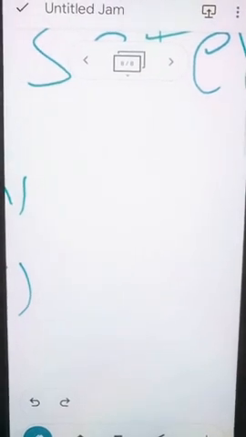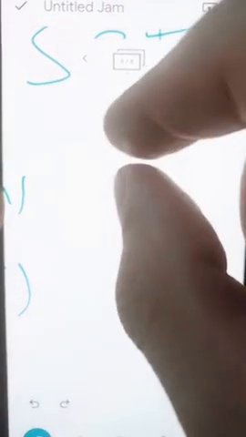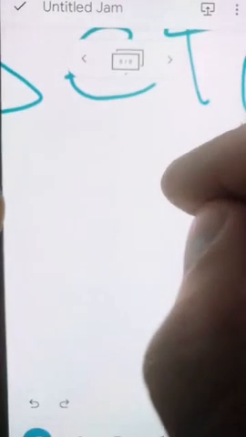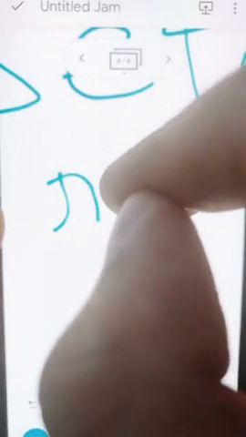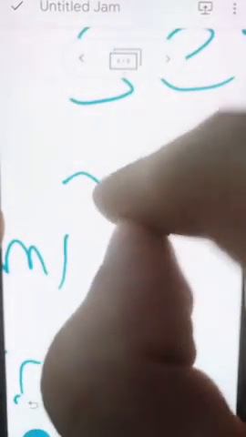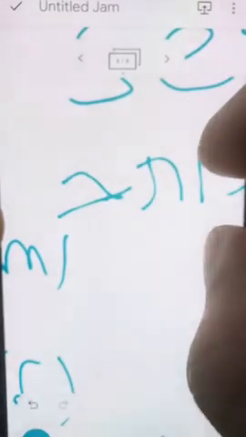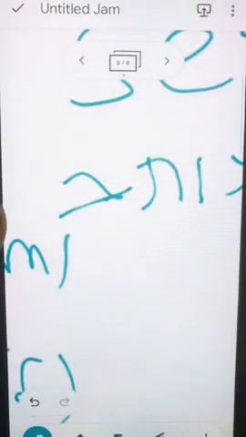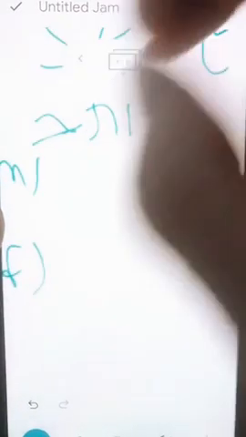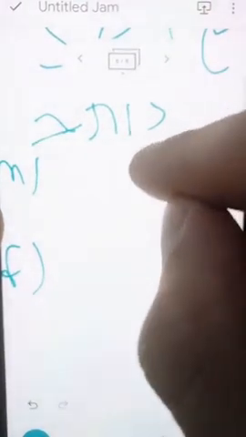Now, the next word is... so basically I wrote it wrong.